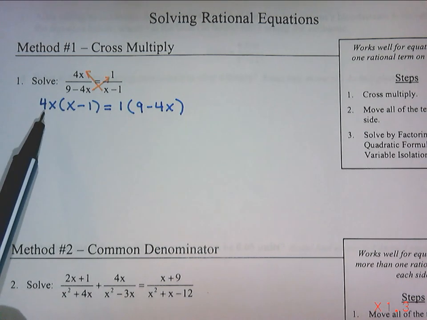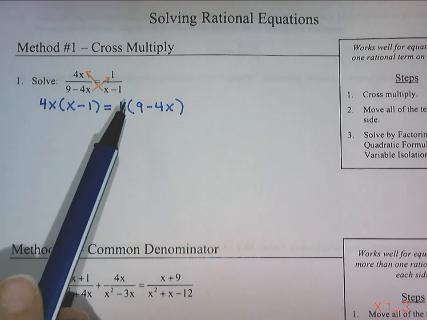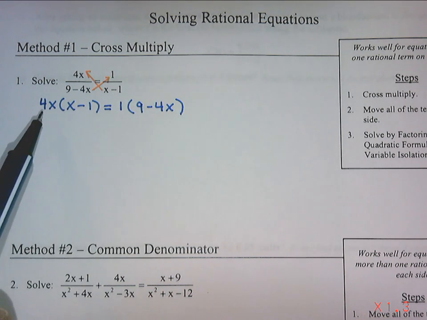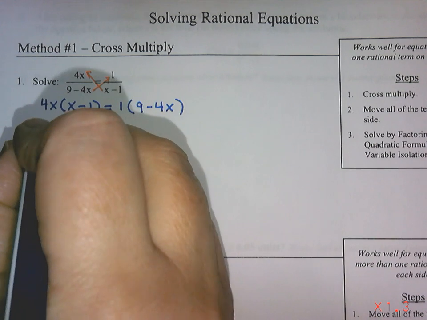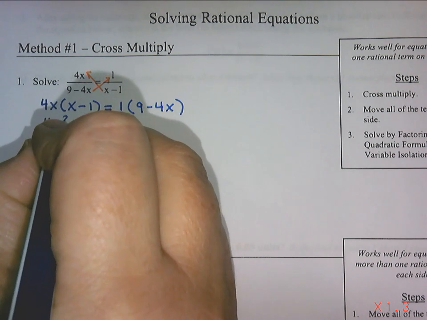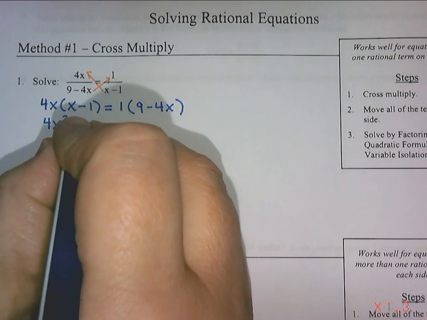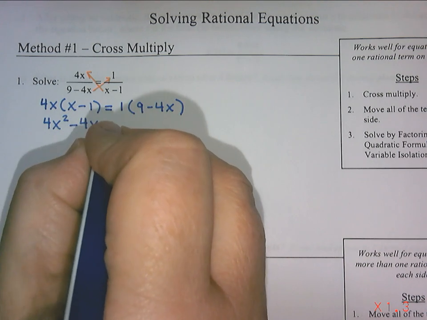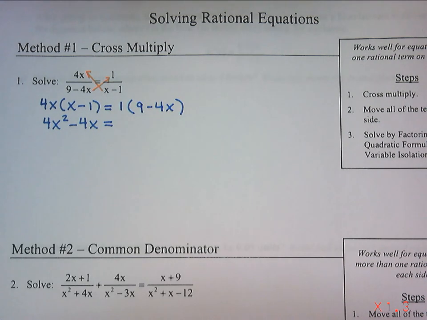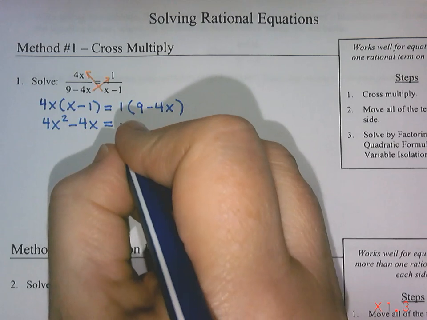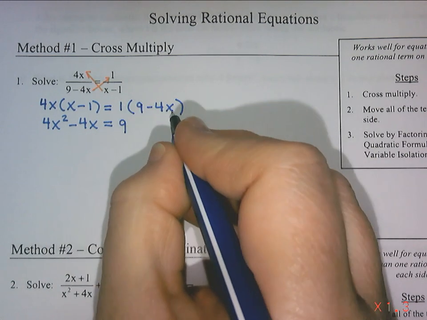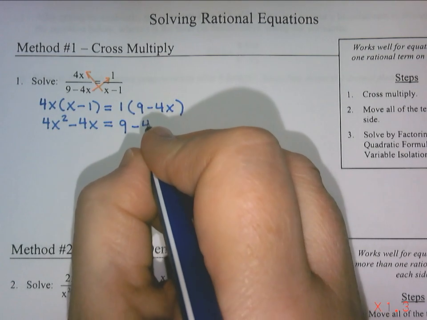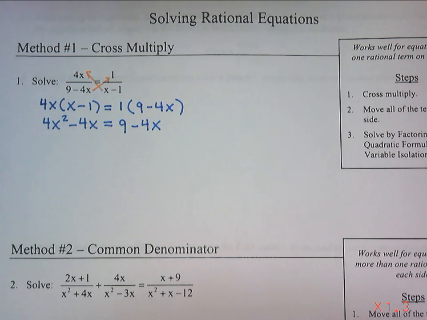Now from here, I am going to expand out the brackets on each side. 4x times x is 4x squared, and 4x times negative 1 is negative 4x. On the other side of the equal sign, 1 times 9 is 9, and 1 times negative 4x is negative 4x.